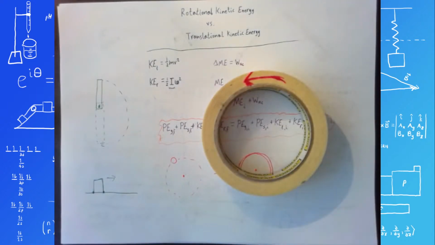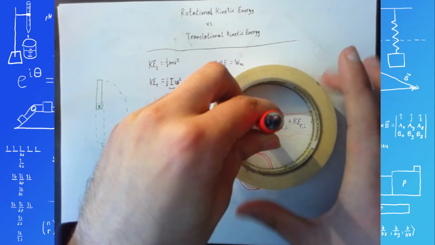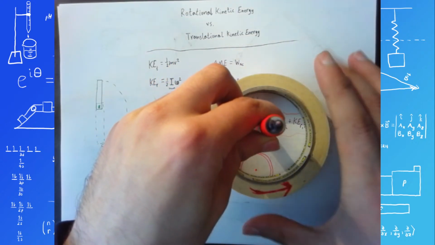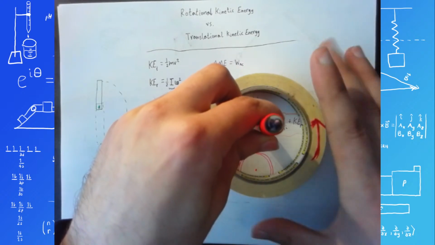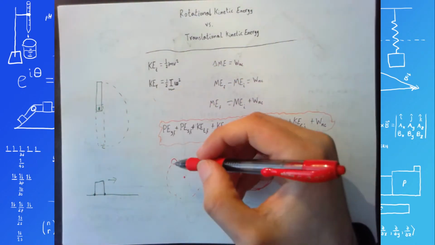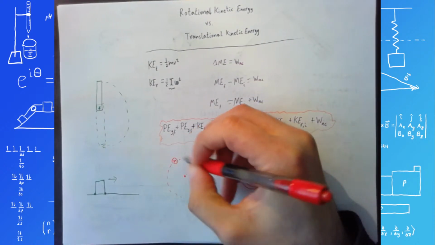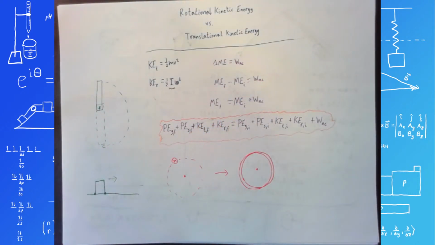So here we have ourselves a hoop, and if I have some sort of axis of rotation for it to go around, then that's basically an equivalent situation to just an object of mass m engaging in uniform circular motion around a point.